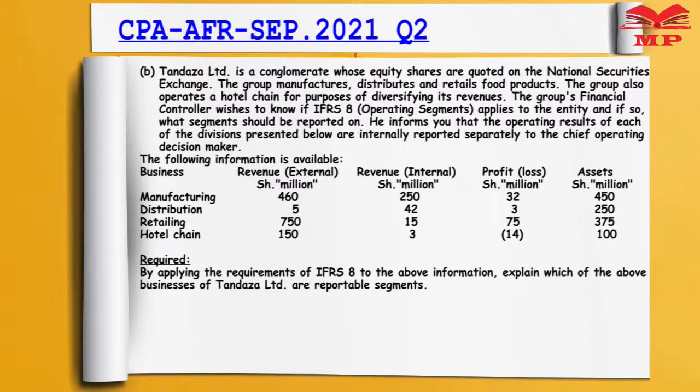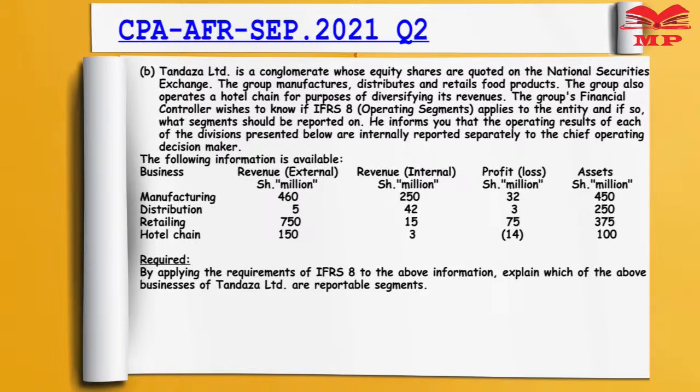The group manufactures, distributes, and retails food products. The group also operates a hotel chain for purposes of diversifying its revenues. The group's financial controller wishes to know if IFRS 8 operating segments applies to the entity, and if so, what segment should be reported on.